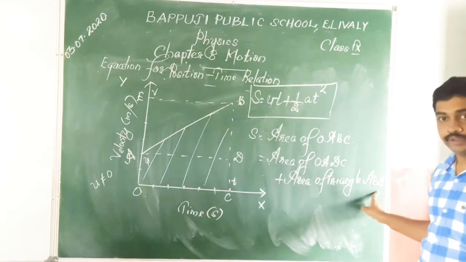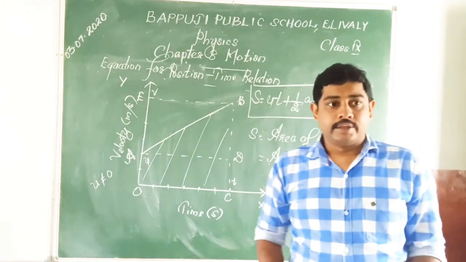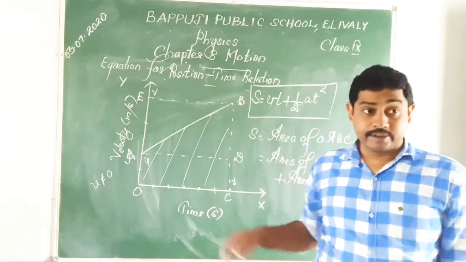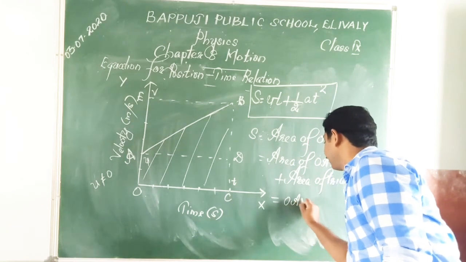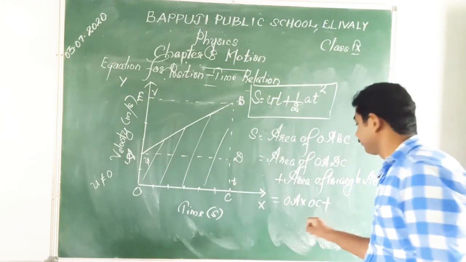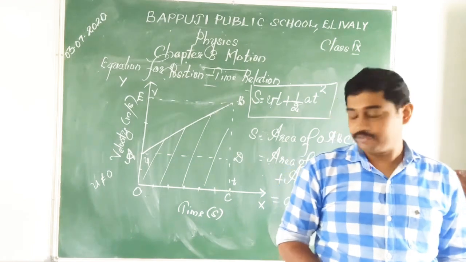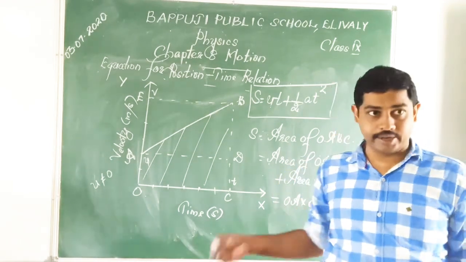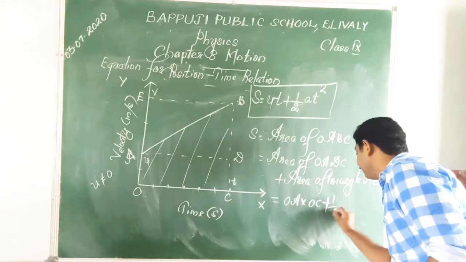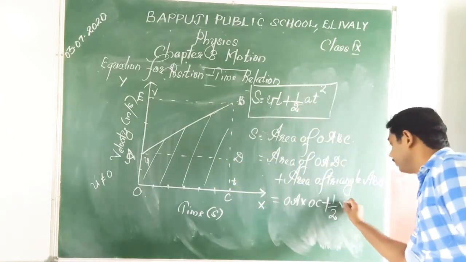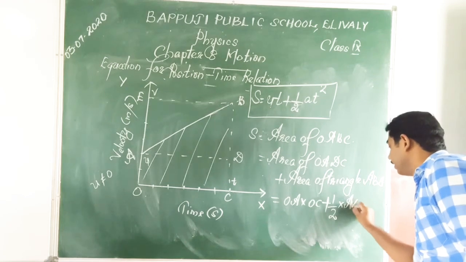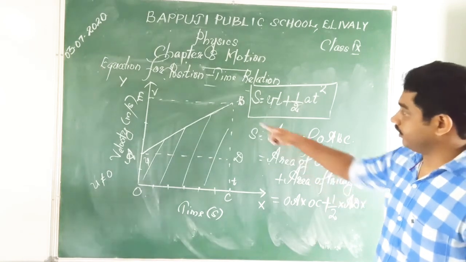Area of rectangle is length into breadth, OA into OC, plus area of triangle, half into base into height, half into AD into BD.